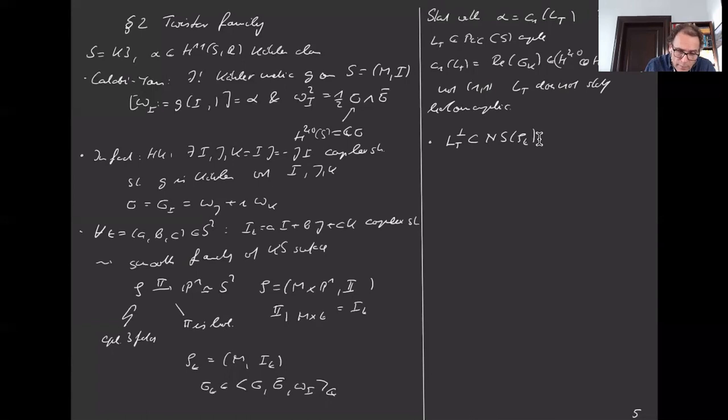Then if you take a line bundle in here, let's say L prime, it is a line bundle on the original K3 surface. Since it's a holomorphic line bundle, it's certainly orthogonal to sigma, orthogonal to sigma bar, and by assumption also orthogonal to LT, and that means L prime is really 1-1 on all fibers.